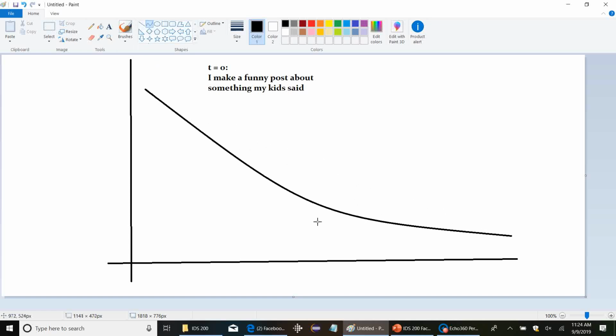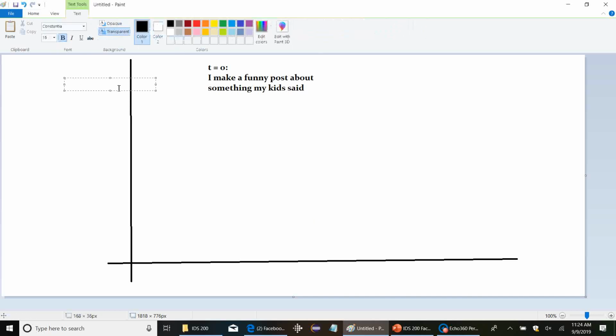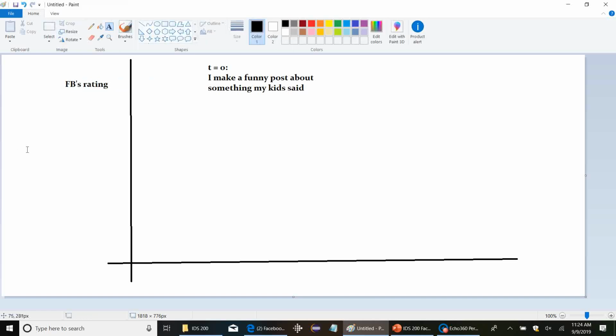As time goes on, basically the rating is going to go down based on time decay. But of course, the moment I post it, there's got to be a little time for Facebook to give people time to even see it. So what happens, even if it becomes popular, is it's likely to follow some kind of two-stage setup like this.